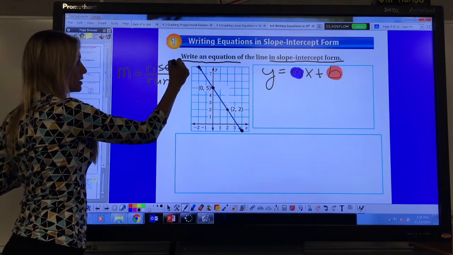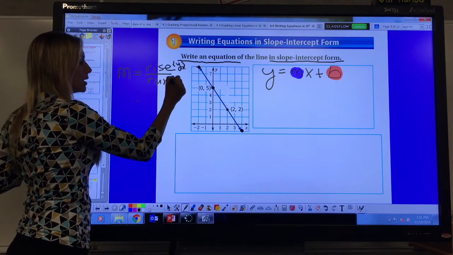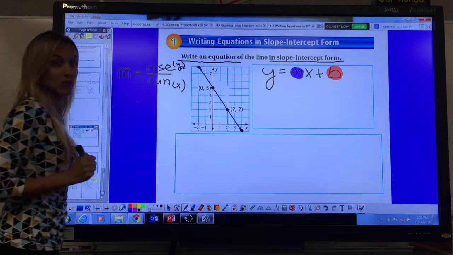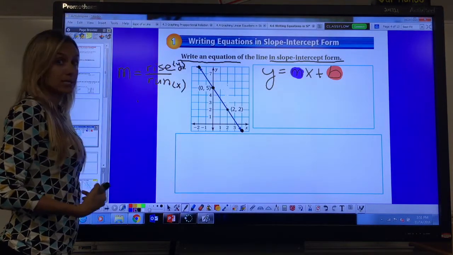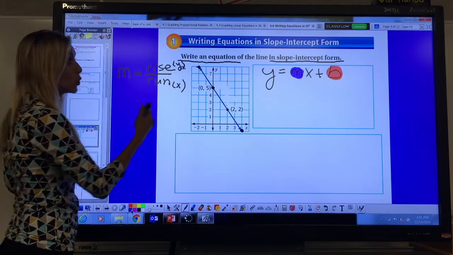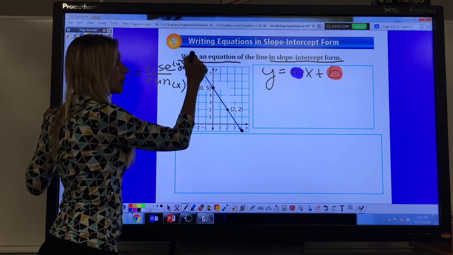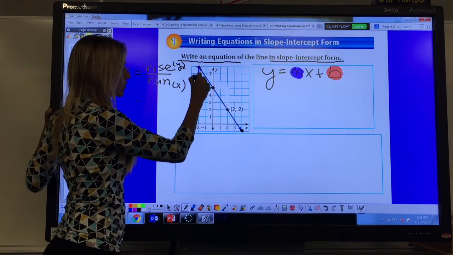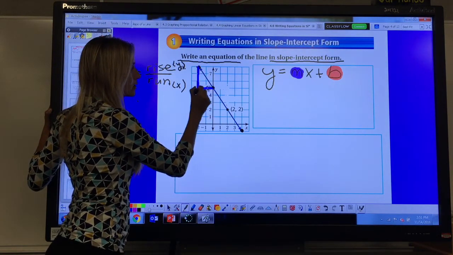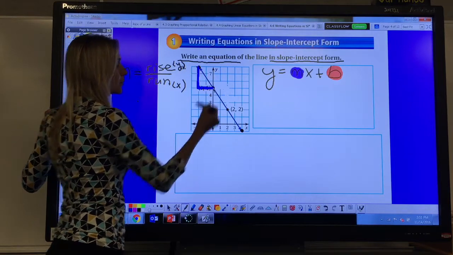When I say rise, I talk about the y-axis, and run is my x-axis, right? So I'm going to follow the y-axis and the x-axis using my slope. How do I go from one point to the next? Using rise over run. I will be creating little triangles in here.